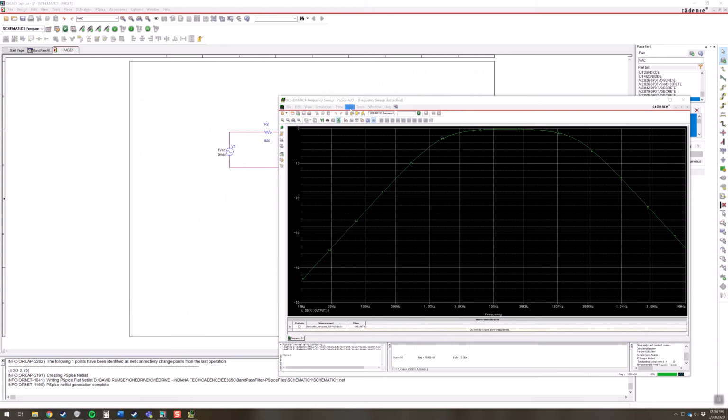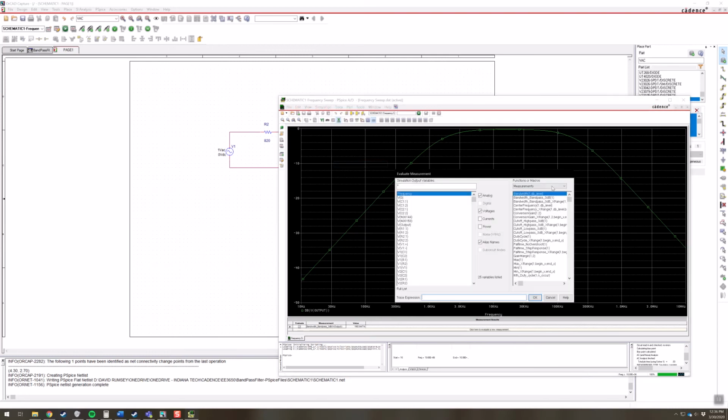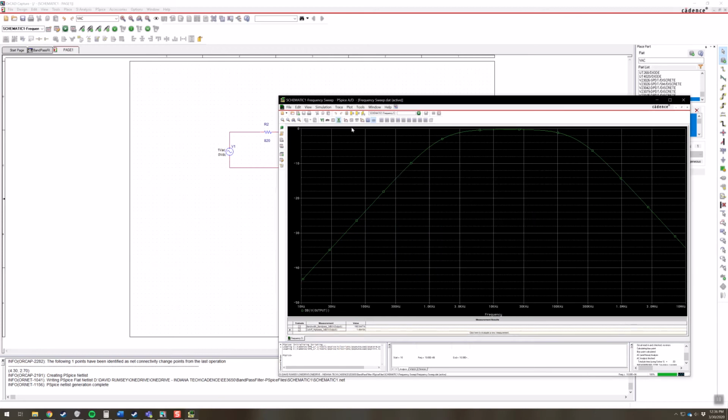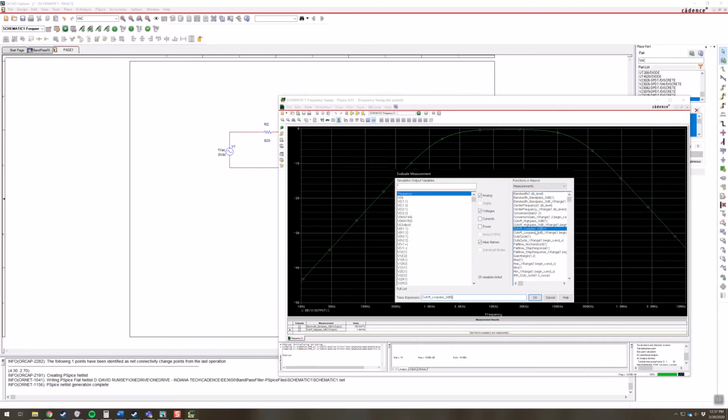Then we're going to do similar kinds of things here for the evaluate measurement. And we're going to go ahead and do the cutoff for the high pass. And then I'm going to do another measurement here. And I'm going to do the cutoff for the low pass at the same time here.